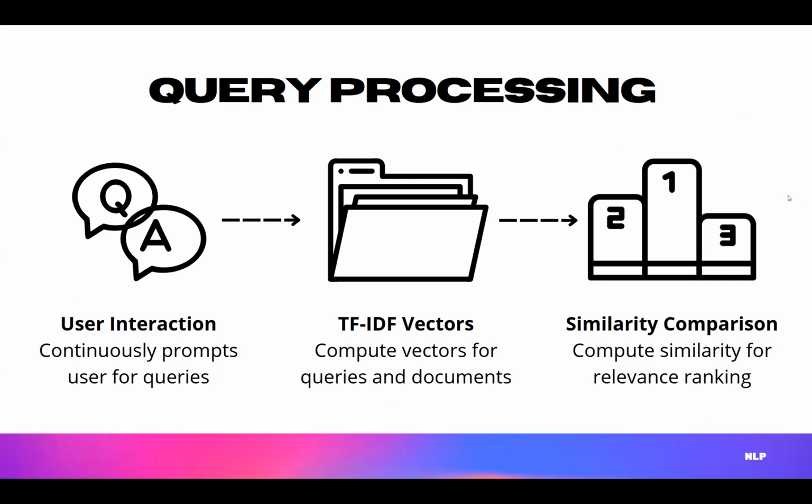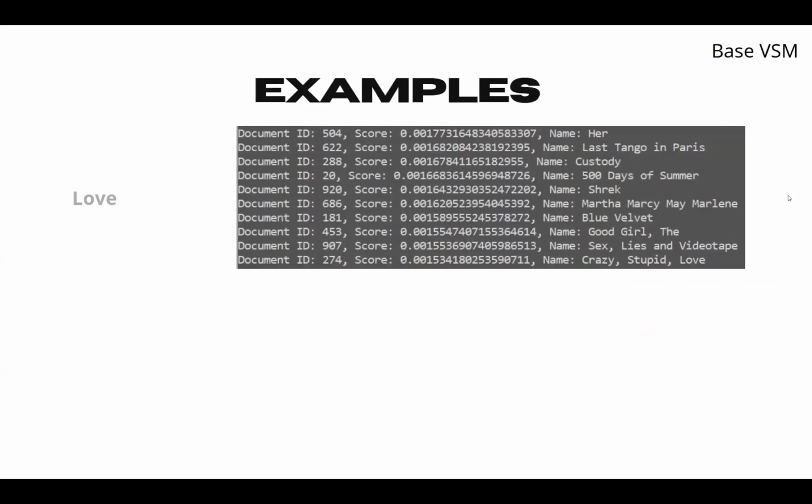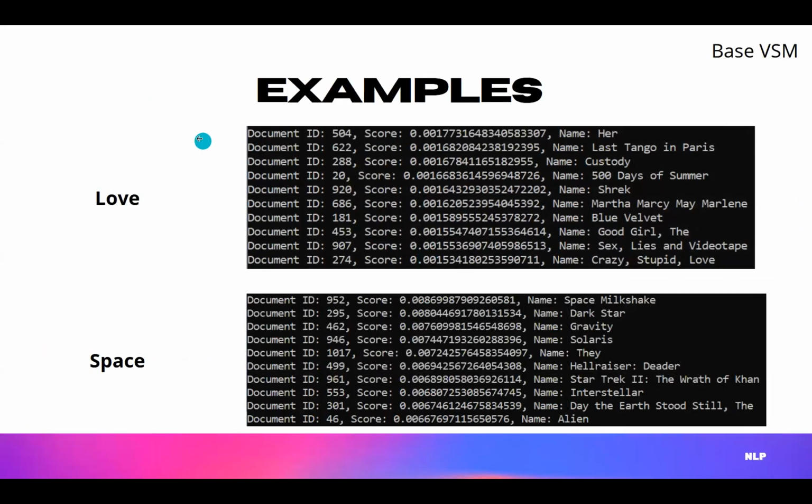And after this we can do a comparison with the vectors, and it gives us all the data we need. Like I said before, we can see from a few examples, like love and space, the list that it gave us, and all the films with a score that I mentioned earlier.